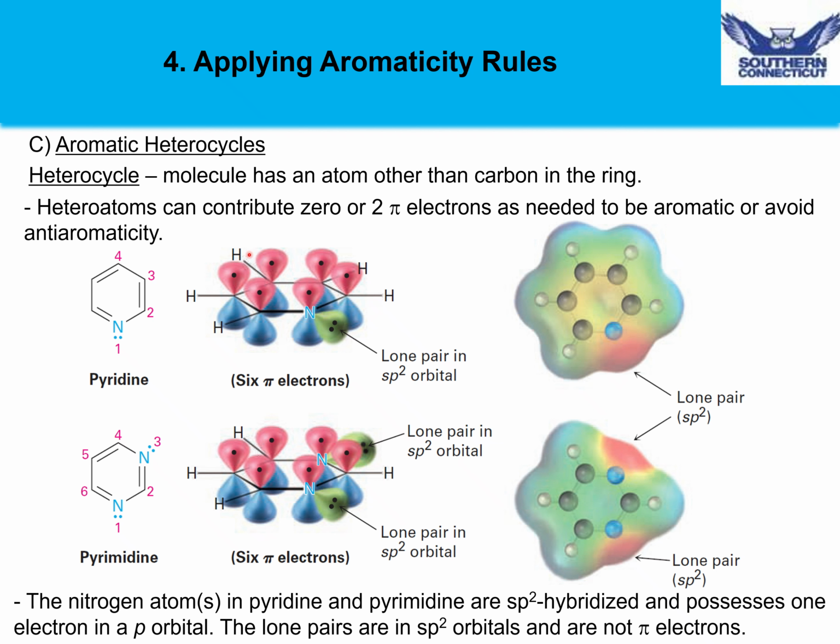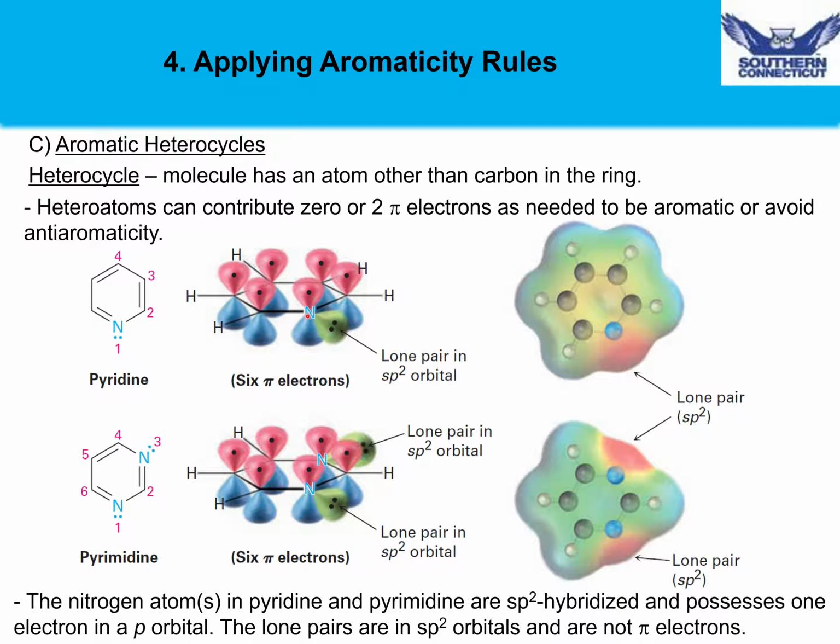Here's how the pi cloud or the orbital diagram looks for this compound. We have a p orbital at every atom in the ring. This is the nitrogen atom here that has a lone pair, shown in green. Each atom within the ring is going to be sp2 hybridized. It's going to have a p orbital. That p orbital will have one single pi electron that allows the double bonds to form.